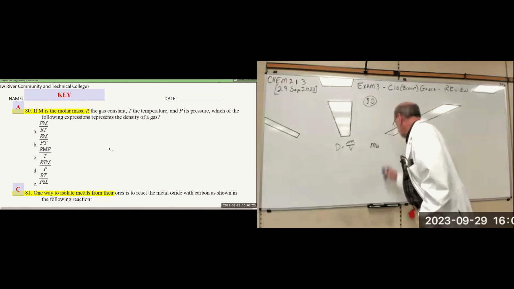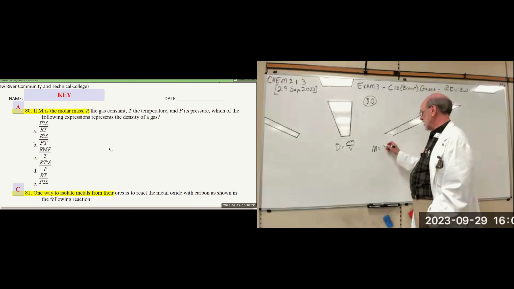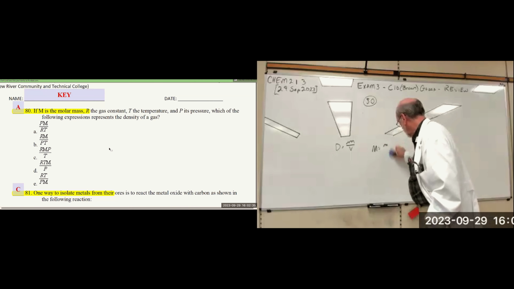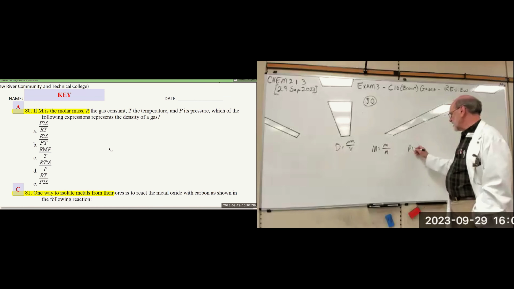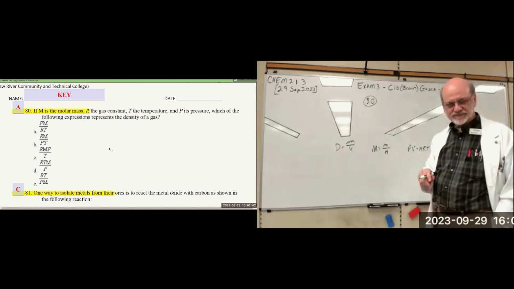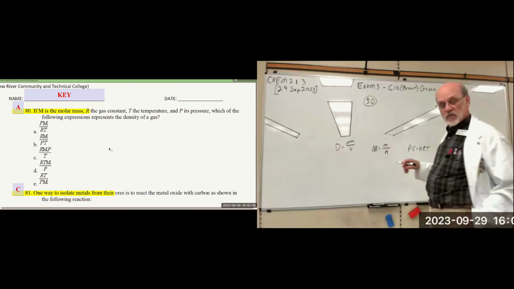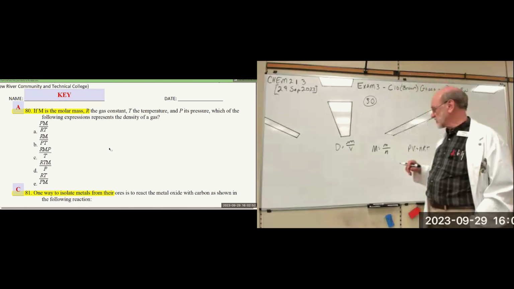Well, let's use theirs, M. Molar mass is mass per mole, and PV equals nRT. Then we're eventually solving for the density of the gas.